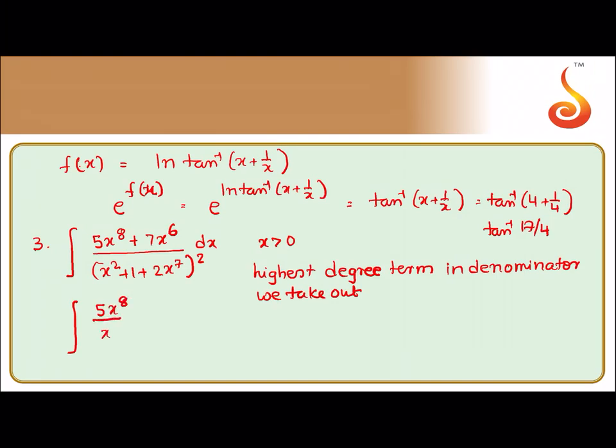So what happens? See, if I take the highest degree term x to the power 14 out, we get x to the power 8 by x to the power 14 plus 7x to the power 6 by x to the power 14 dx, and the denominator will become 1 by x to the power 5 plus 1 by x to the power 7 plus 2, whole square.